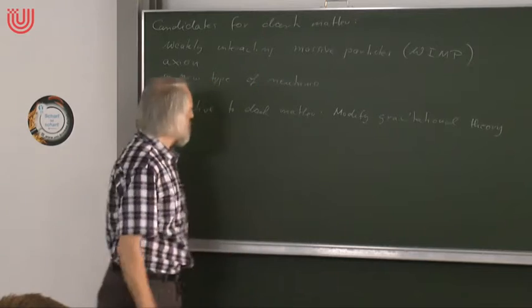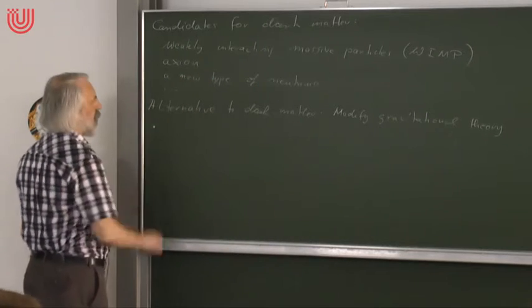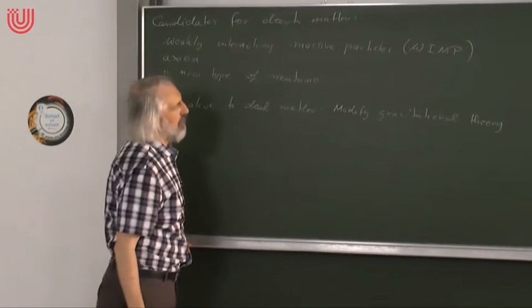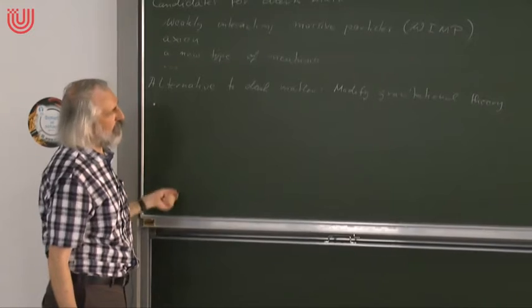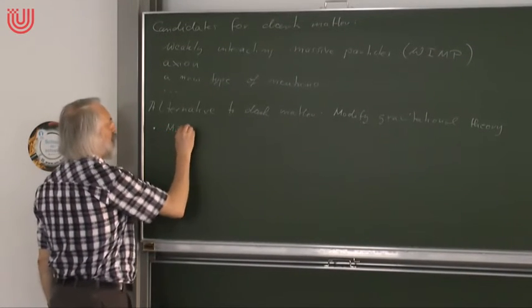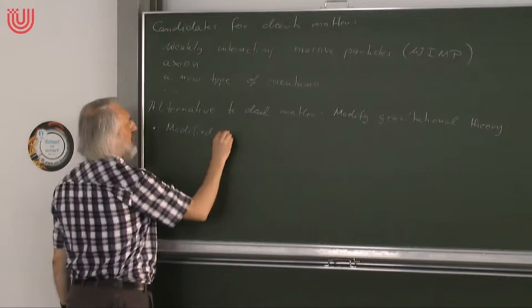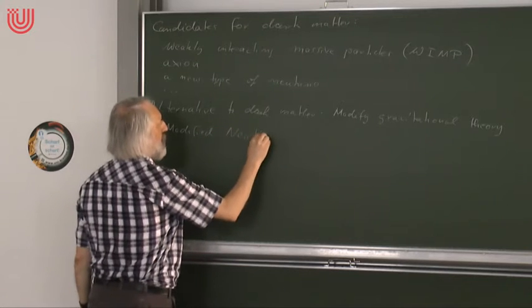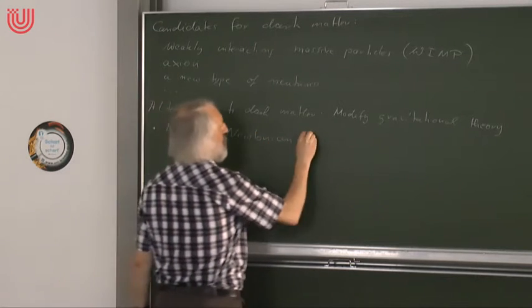So if you want to explain the rotation curves by modifying the gravitational theory, you have to modify the Newtonian theory. And actually, the first theory which has been suggested in this direction was called modified Newtonian dynamics for this reason, because it modified Newtonian dynamics.